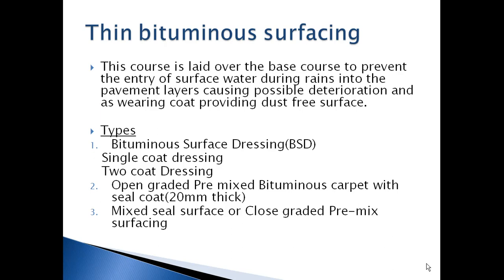Three types are available: bituminous surface dressing, which are again under two types, a single coat dressing or a two coat dressing. Then we have a second type, which is open graded pre-mixed bituminous carpet with seal coat. And the third type is a mixed seal surface or close graded pre-mixed surfacing. These are all with the variations in the bituminous materials used.